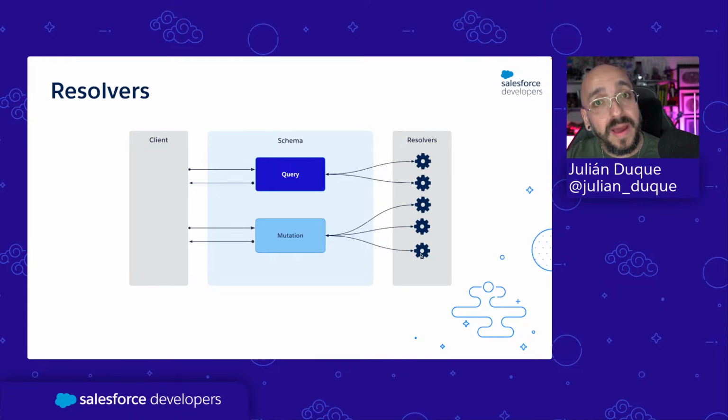In my example today, I'm going to be using Node.js, but if you are implementing a GraphQL server in Java, for example, the schema, the type definitions, and the mutations are going to be the same thing. The only thing that changes is the resolvers, the functions that these operations are going to be mapped to. This could be a class and a method, a JavaScript function, a Python function, etc.